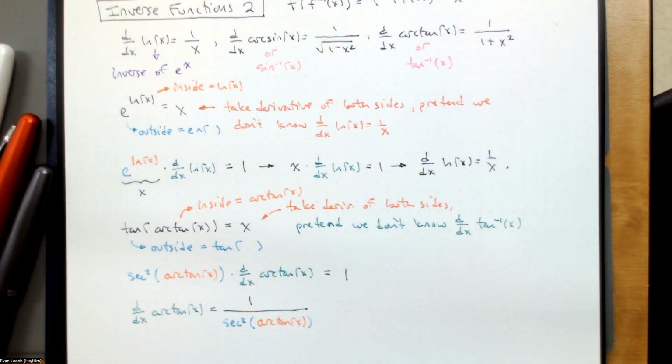And right now you're looking at this and saying, dude, that does not look like 1 plus x squared, even though it totally looks like 1 plus x squared. I told you y'all didn't remember your trig. I'm just kidding. It doesn't look like 1 plus x squared yet.